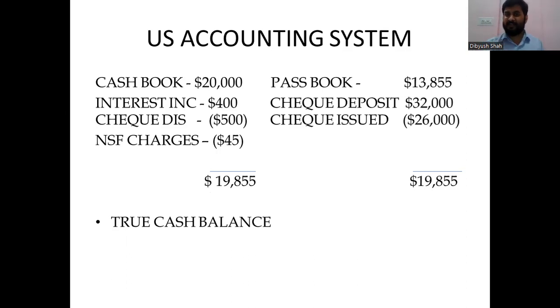Because 3 days later, the check would have been deposited, would have got cleared. Check issued would have been encashed. Interest income, I would have known. And dishonor also I would have known. So why confuse the users of the financial statements? Give them the true figure that was relevant as per that date. That's 19,855.